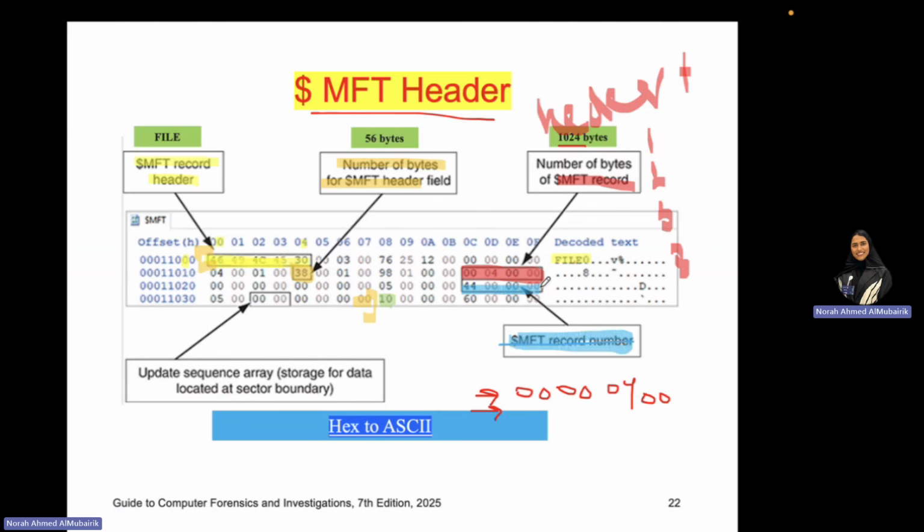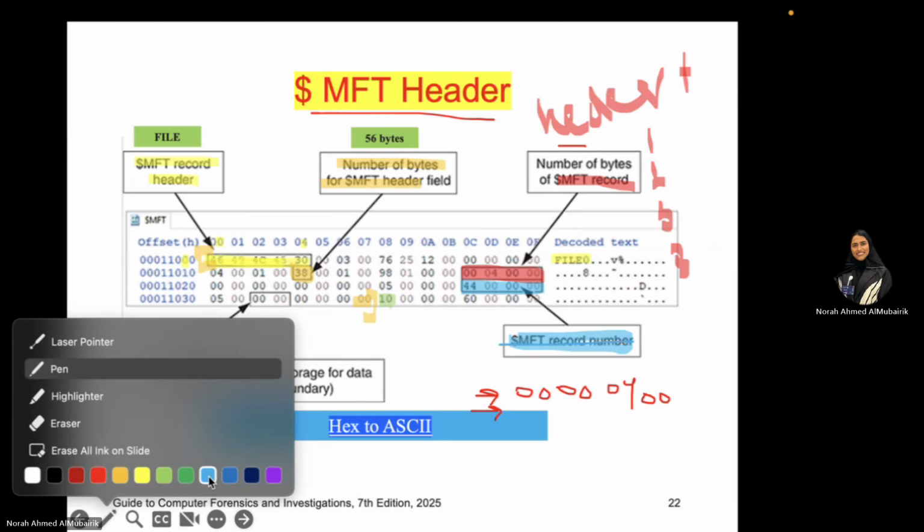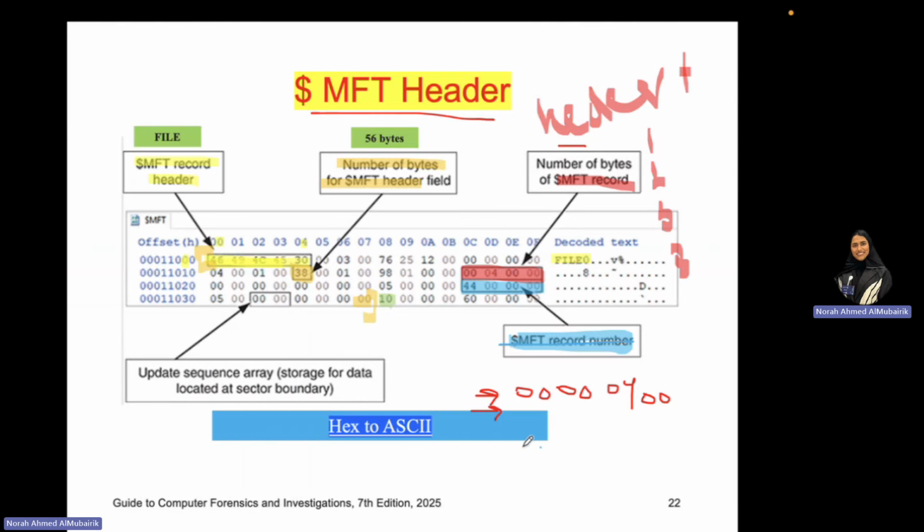So this is 44000000, which will be changed from big endian to little endian. It will actually be 00000044. So this 44, it will be like this: 00, then 000044.